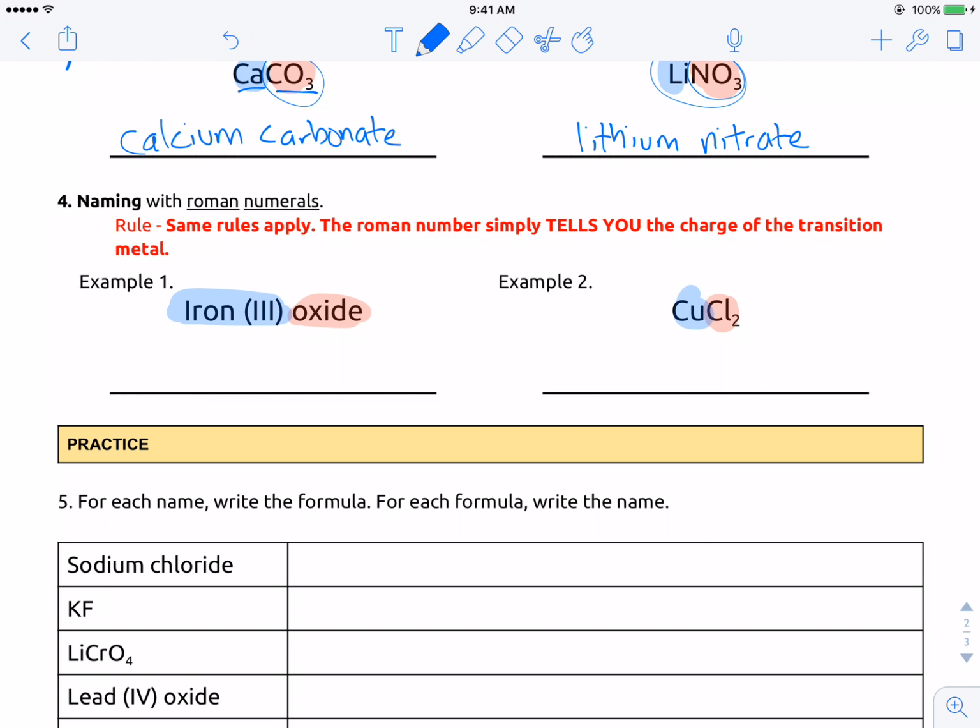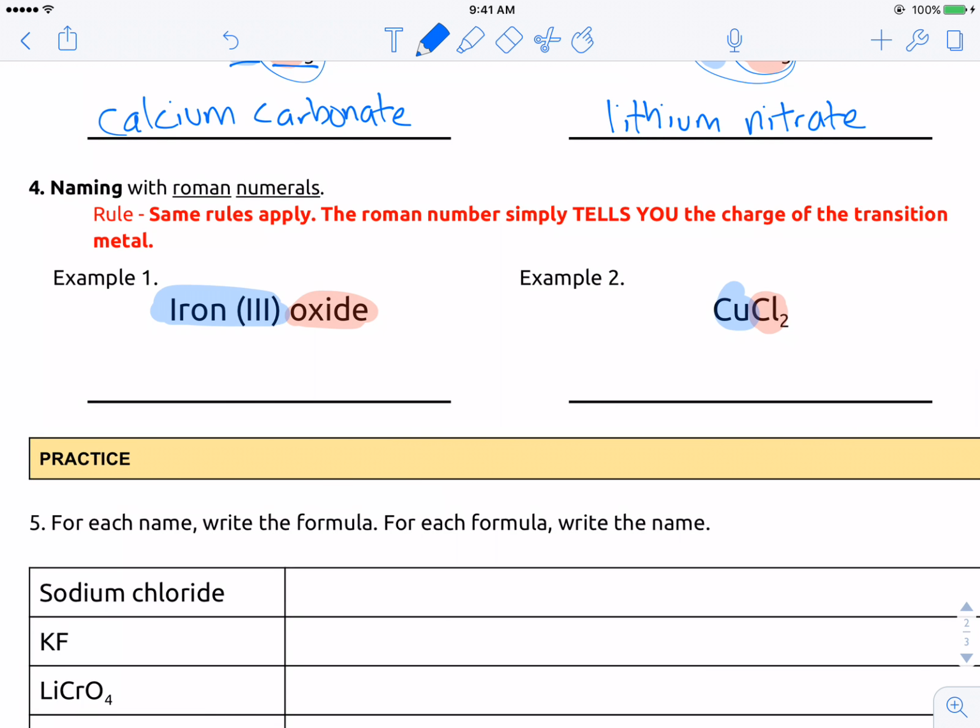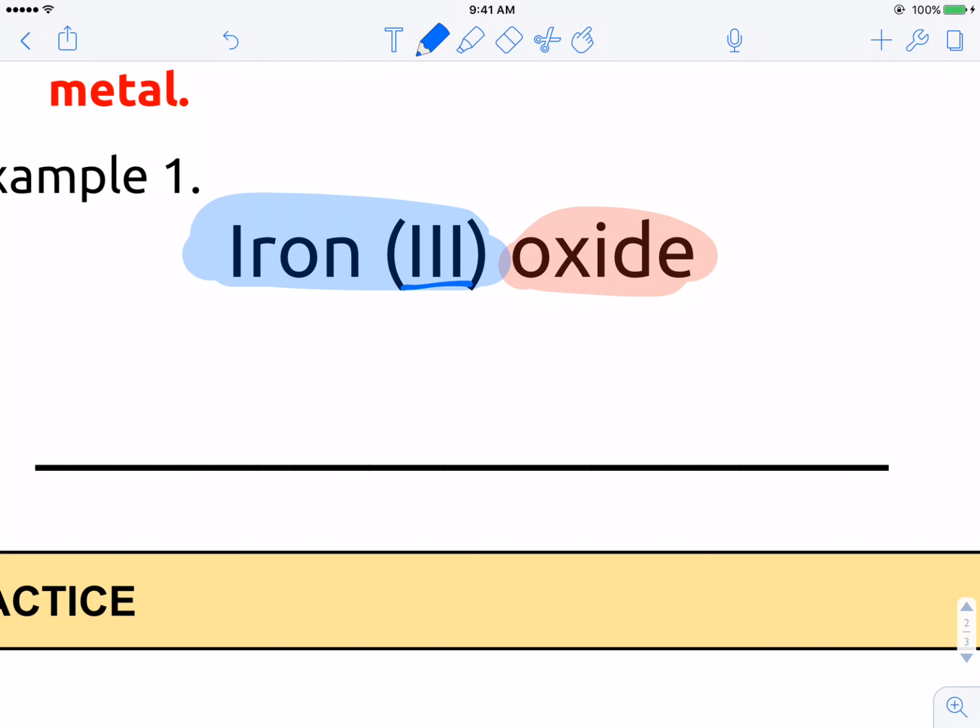Okay, last but not least, naming with Roman numerals. All the same rules apply as above, but the Roman numeral just simply tells you the charge of the transition metal. So in this example, iron 3 oxide, I've got a Roman numeral 3 for iron. Sometimes iron can be iron 2 and have a charge of 2, but in this case, iron is iron 3.